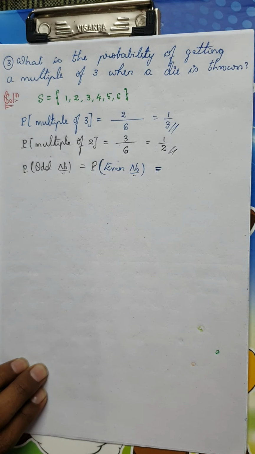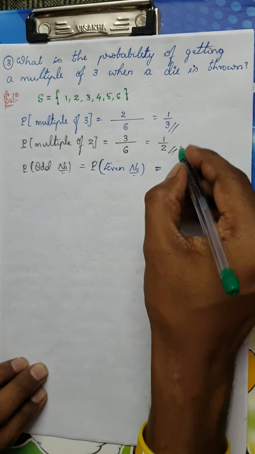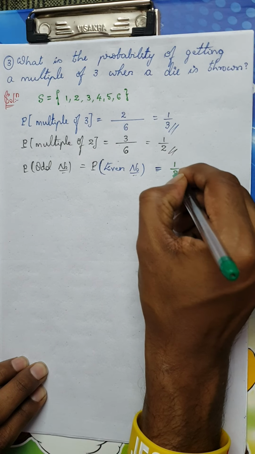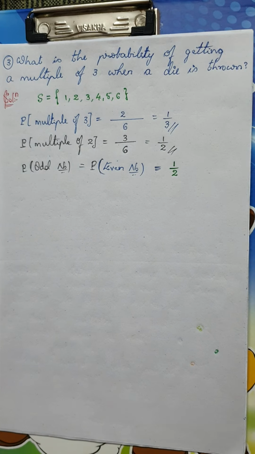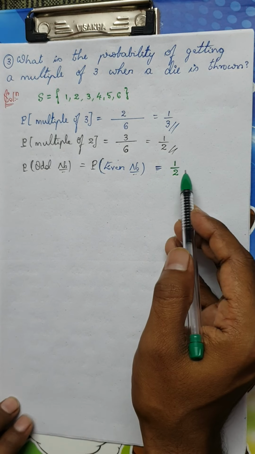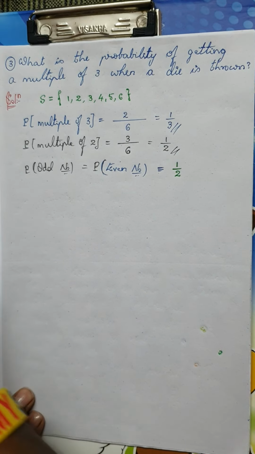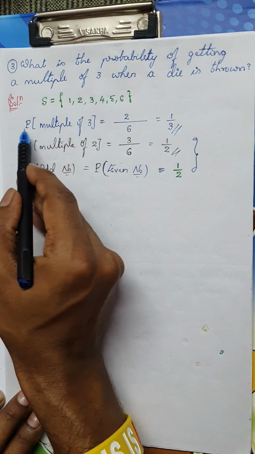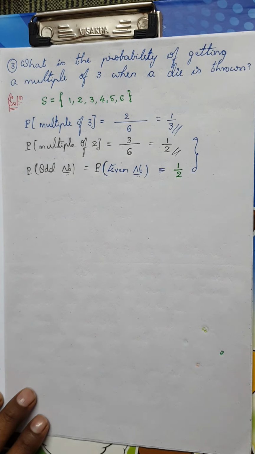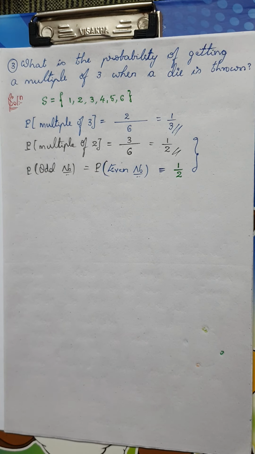Please remember, both will be 1 by 2, because it is 3 by 6, that is nothing but 1 by 2. Remember, this is for additional information. For your solution, the first step is enough to give you 1 mark. Very simple question. Please don't miss it if they ask you in the examination.